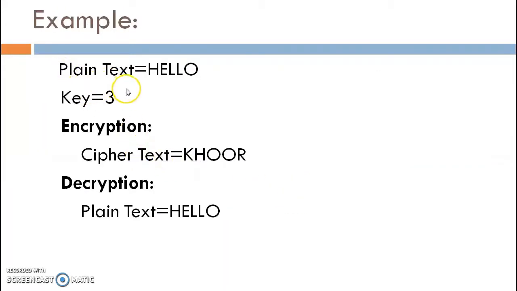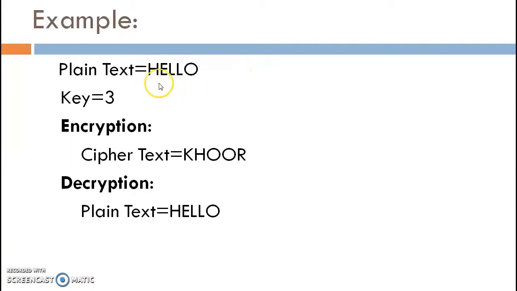Now an example. Consider the plain text equals hello and key equals 3. For encryption we add the key value to the plain text letter and take the result modulo 26. Our first plain text letter is H, so we compute H plus K modulo 26.